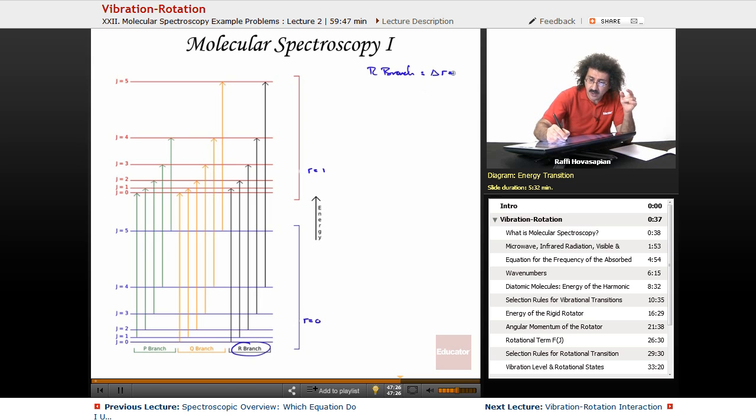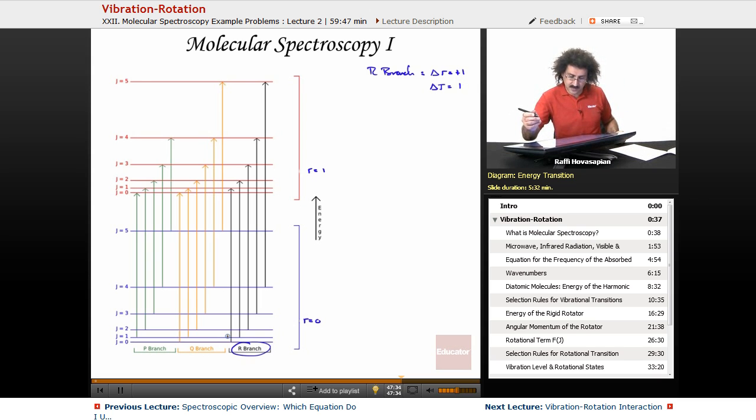Here, delta R equals +1 and delta J equals +1. So notice, I'm going from J equals 0, this black line right here, to J equals 1. So the vibrational quantum state is going up by 1, and the rotational quantum state is going up by 1.